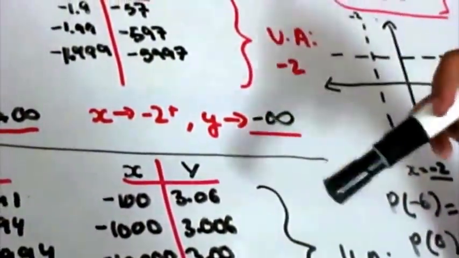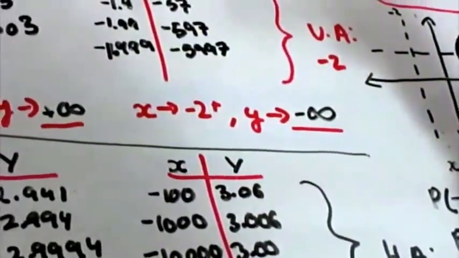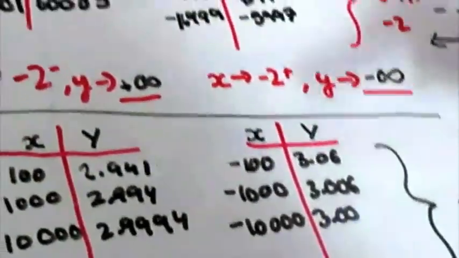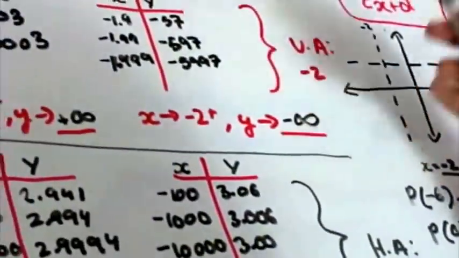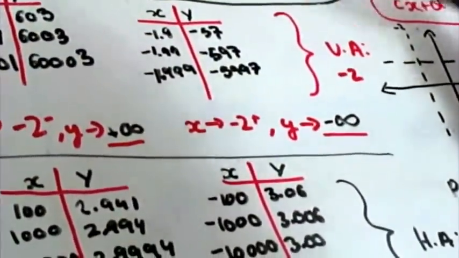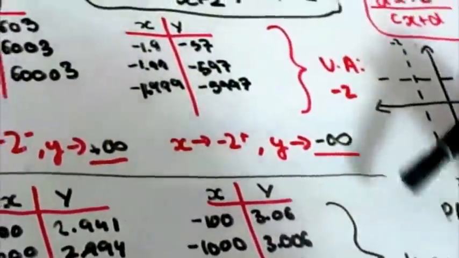So instead of approaching 0, your y values are actually going to approach a non-zero number. That's basically the only difference in this section. Everything else, the tables, the end behaviors, everything that you do is going to be the same.